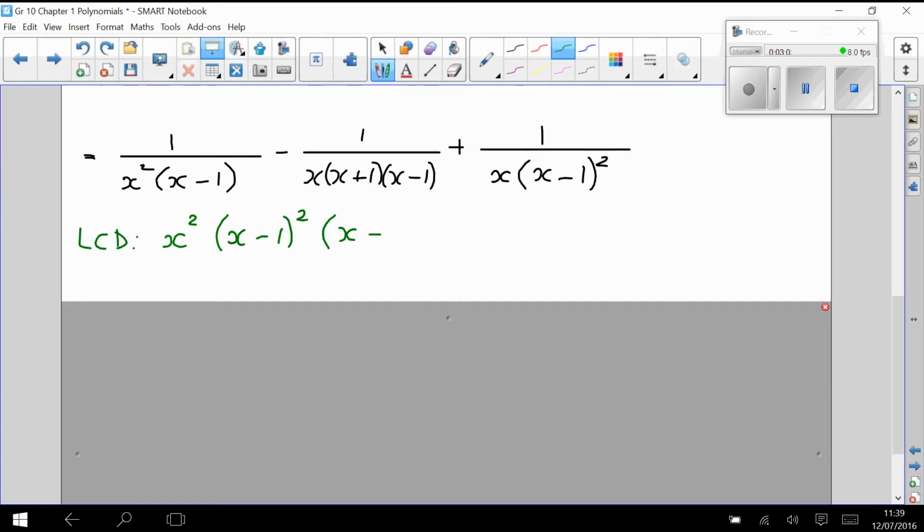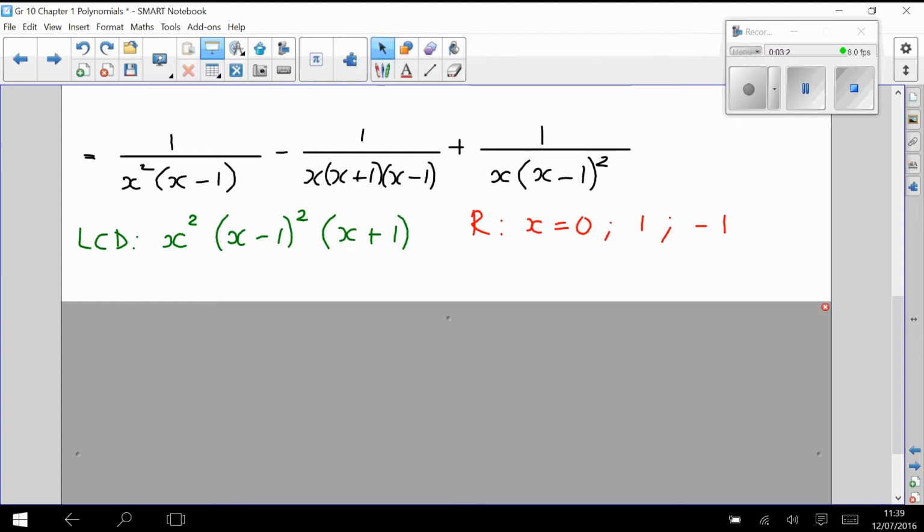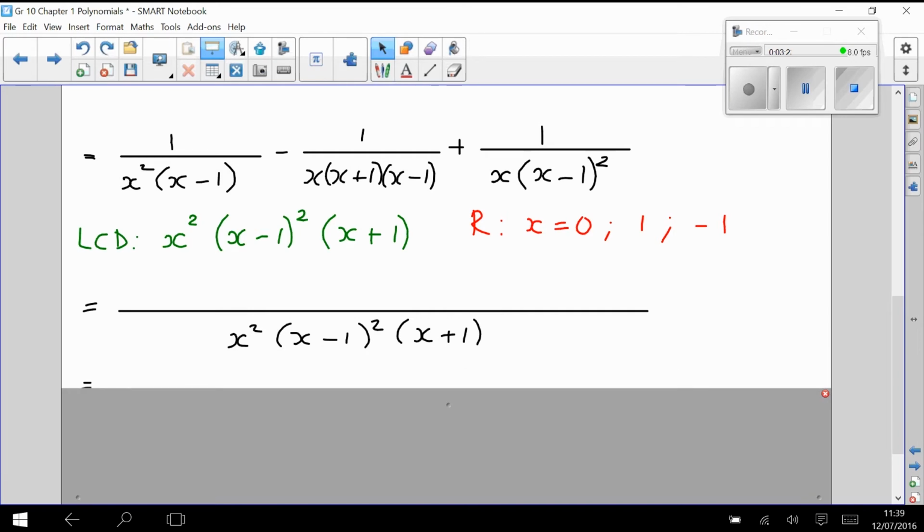And lastly, I still need to have the x plus 1 factor. From this, I'm able to work out my restrictions. My restrictions are that x cannot be equal to 0, x cannot be equal to 1, and x cannot be equal to minus 1.